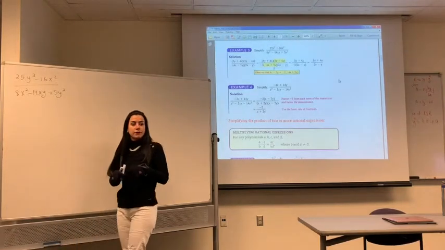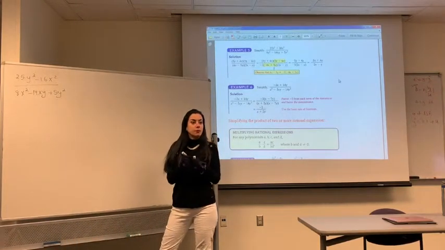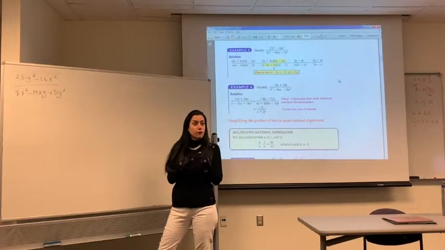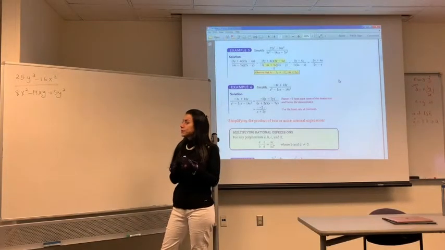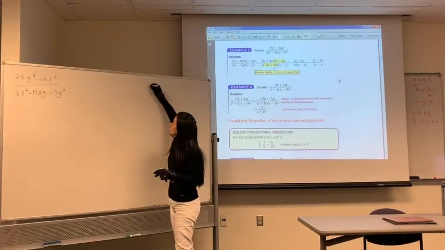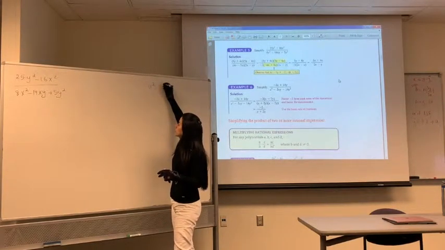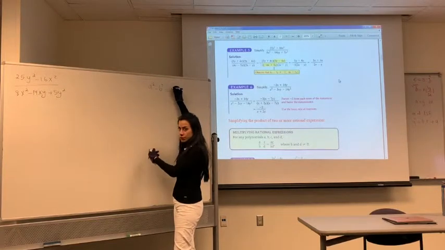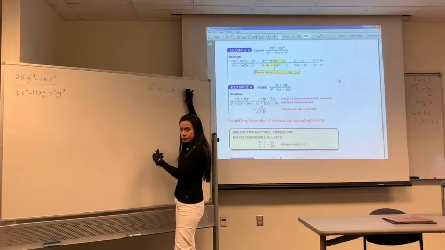So 25 is a complete square, right? 5 multiplied by 5. 16 is also a complete square, right? So a squared minus b squared is always equal to, we just had it, a minus b, a plus b.